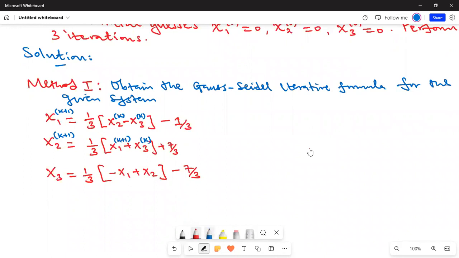Already we know x1 and x2 at the level k plus 1, the immediate values. So those are the ones we use at level k plus 1, x1 and x2 at level k plus 1, and that will give us x3 at level k plus 1. This is Gauss-Seidel.